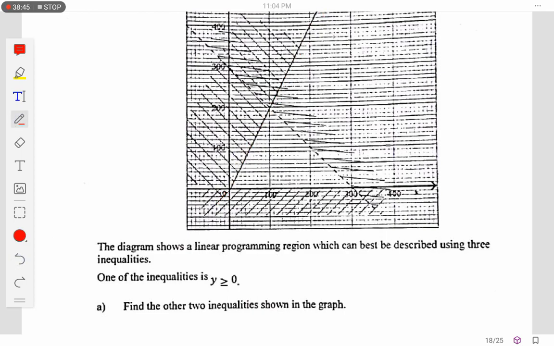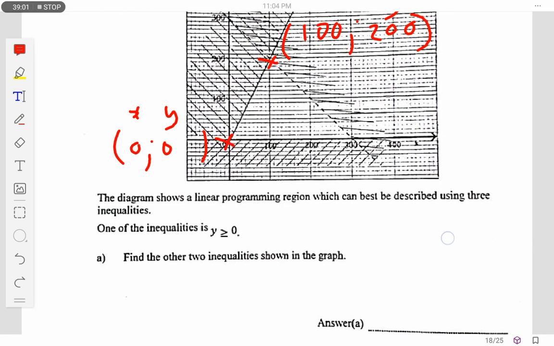For this one, I have this point and this point. So this point here is 0, 0, and this point here is 100 and 200. So this is my x, this is my y. To find the equation of the inequality, I can find my gradient first, then I find my c, my y-intercept, and then I write my equation.